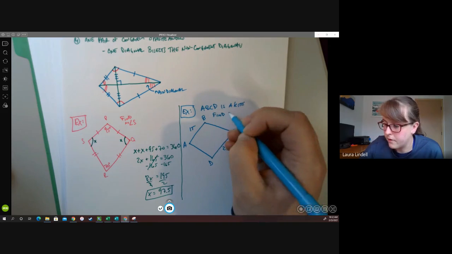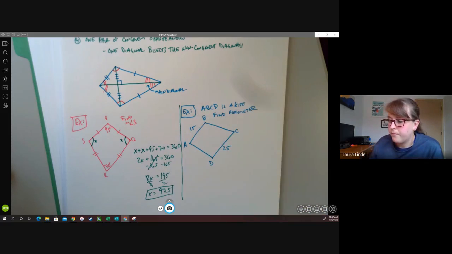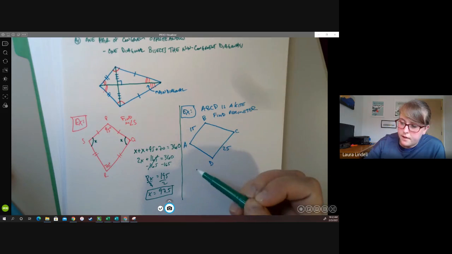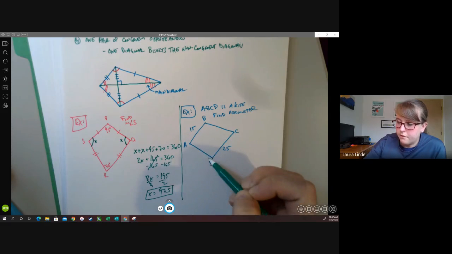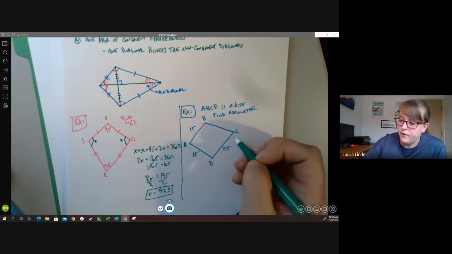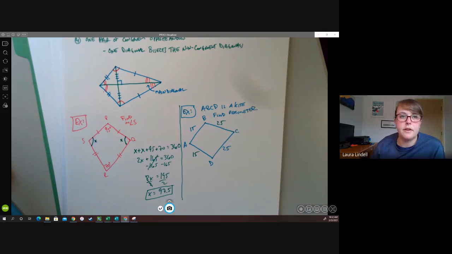Find the perimeter. So remembering that perimeter is the distance around the outside, and since AB is 15, this one will also be 15 since it's a kite. Since DC is 25, BC will also be 25 since it's a kite.